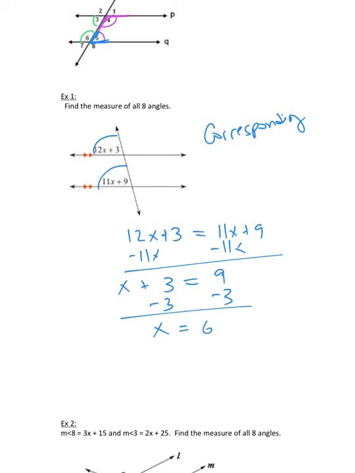Now from there, sometimes questions will ask you to solve for x. Sometimes they'll ask you to find particular angles. In all of these questions, I kept them all the same, where it says find the measure of all eight angles. So you would take your 6 and plug it back in. 12 times 6 is 72 plus 3 is 75 degrees. If that's 75 degrees, then this is 75 degrees.